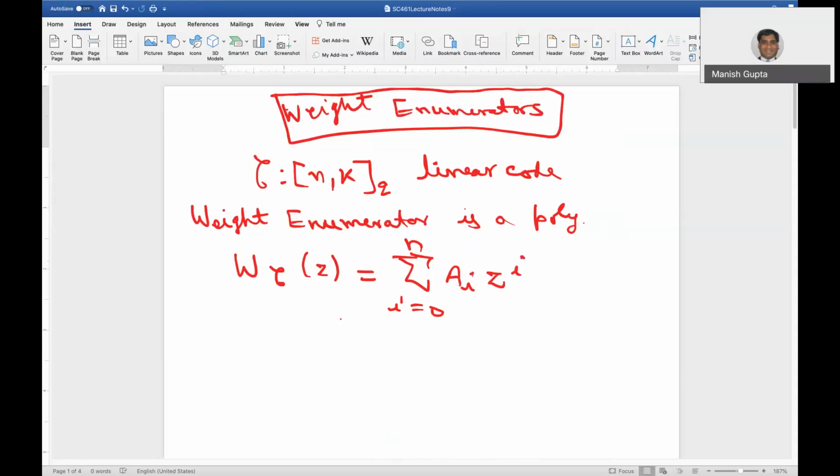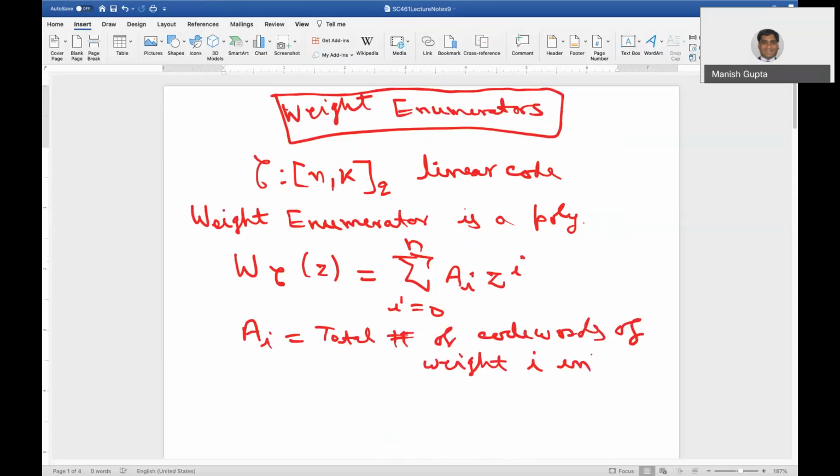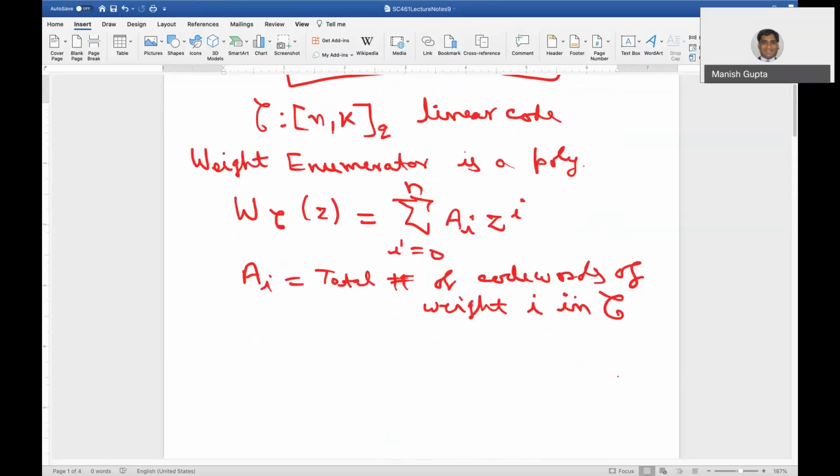What is A_i? A_i is the total number of codewords of weight i in C. So this is known as the weight enumerator.